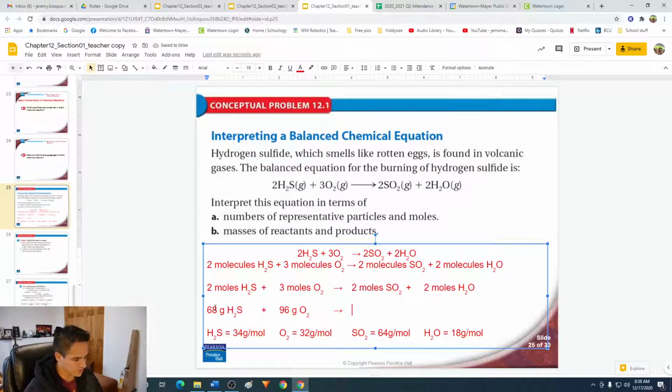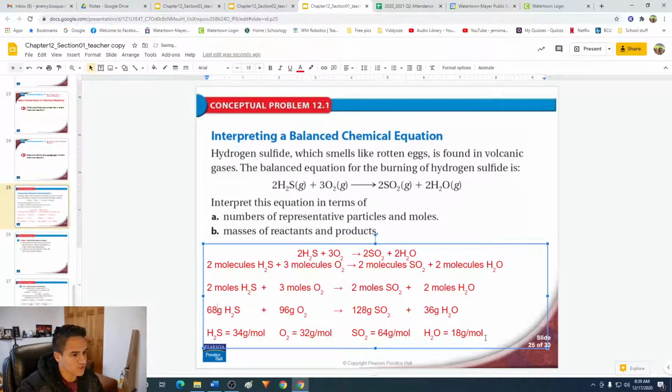For SO2, we're going to take 2 times 64 grams. Okay, so 2 times 64. That gives us 128 grams of SO2. And then 2 times 18 grams for the water. This gives us 36 grams for the H2O. Okay. All right.